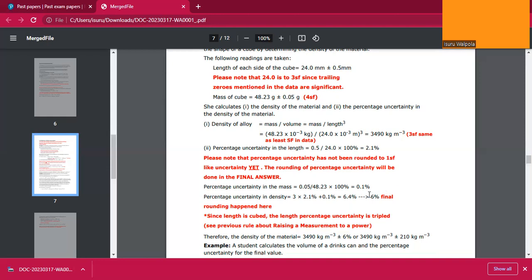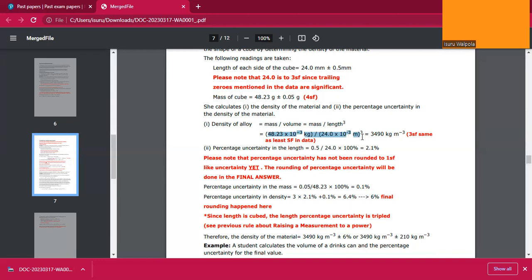So in most cases, you give the percentage uncertainty to the same number of significant figures as the uncertainties you use to calculate it, because that's the same rule we follow for the main data. Look at this: for the main data, this has 4 significant figures, this has 3 significant figures, but the final answer is given to the lowest number of significant figures. So the same rule should ideally be followed for the uncertainties and the main values, both treated equally.